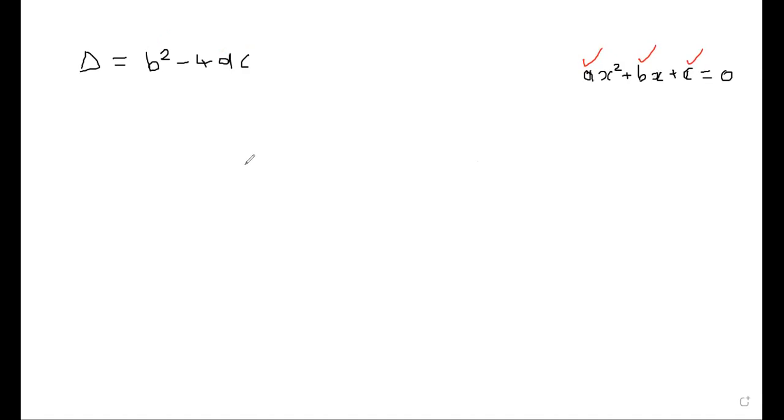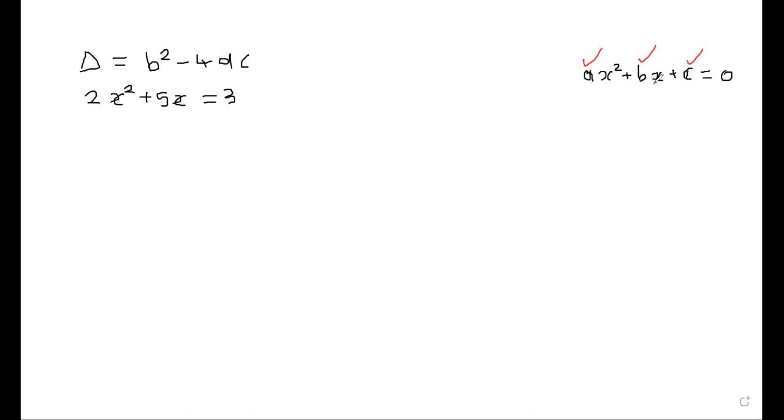Okay. So the equation that we are given is 2x squared plus 5x equal to 3.